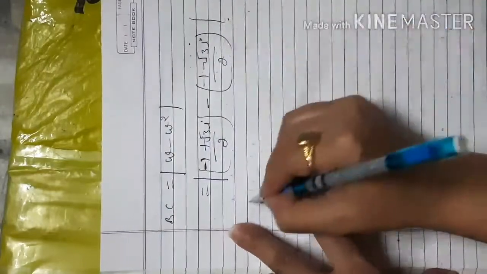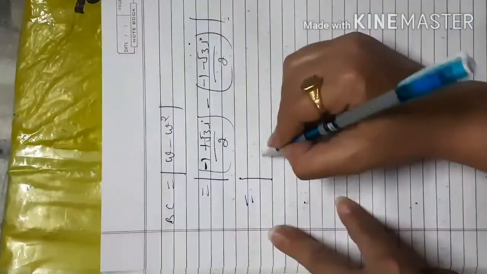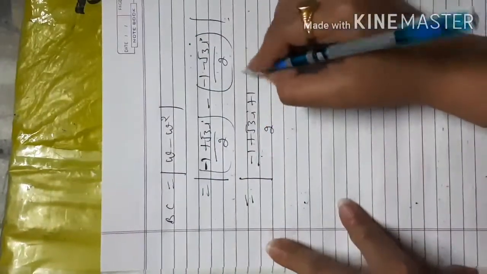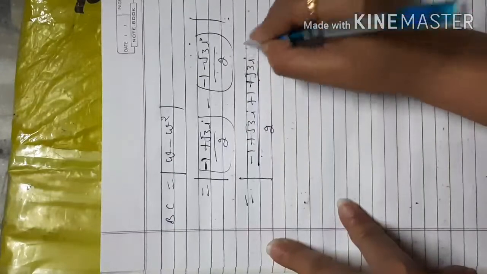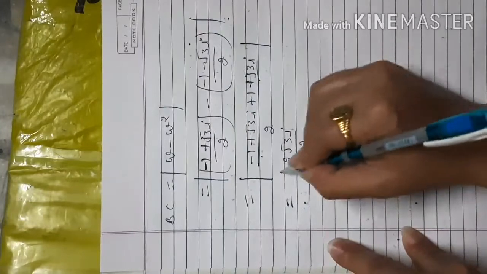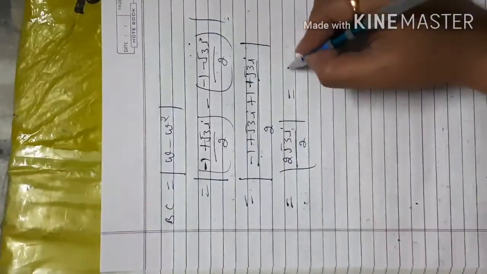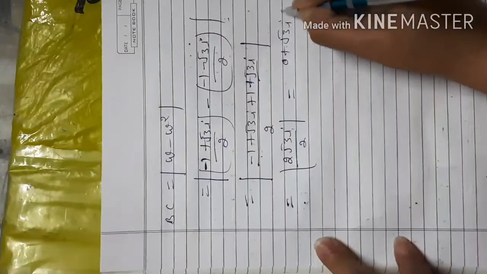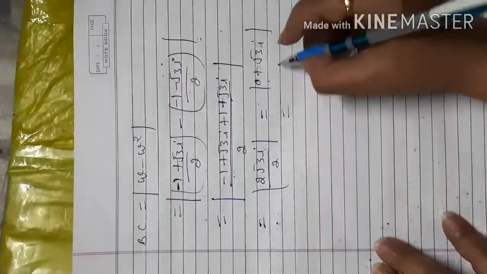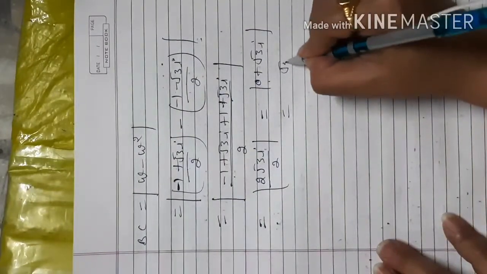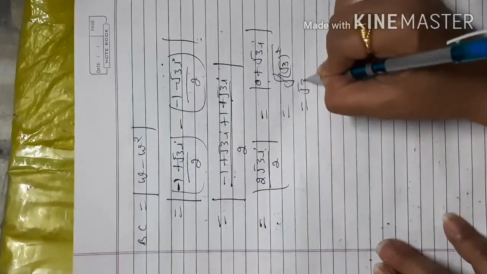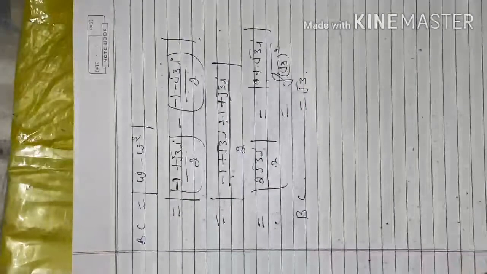When you take the LCM, -1 plus root 3i plus 1 plus root 3i, the 1 is cancelled, then 2 root 3i by 2 is left. Only the imaginary part is left: 0 plus root 3i under the modulus. When you find the modulus of this complex number, real part square plus imaginary part square, the square root is cancelled and root 3 is left. That means AB and BC are equal to each other.